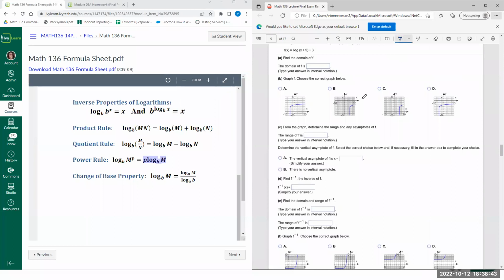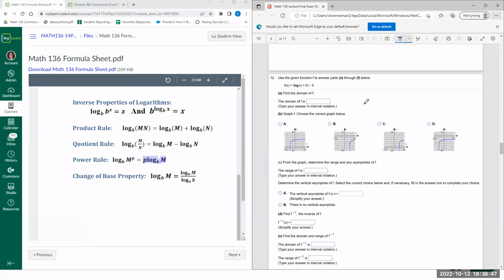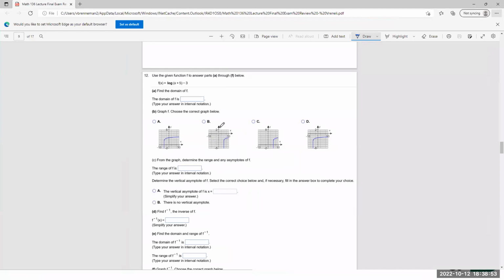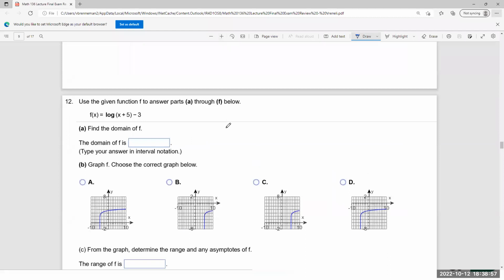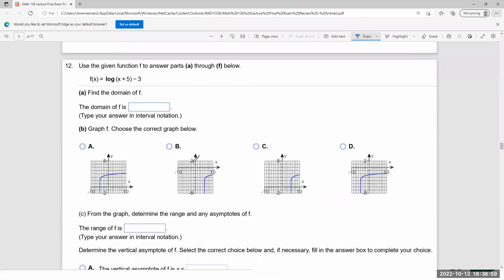All right. So we have log of x plus 5 minus 3. When you're looking at a log function, in fact, I'm going to make this bigger. For the domain, with domain in general, these are the rules you have now.